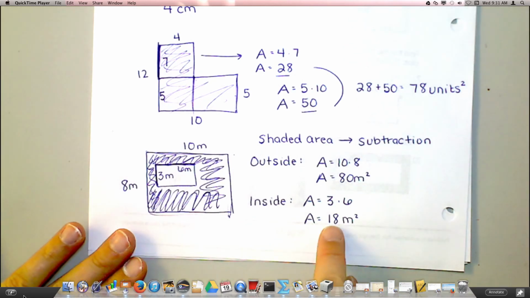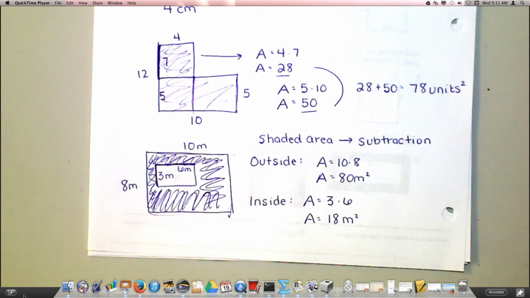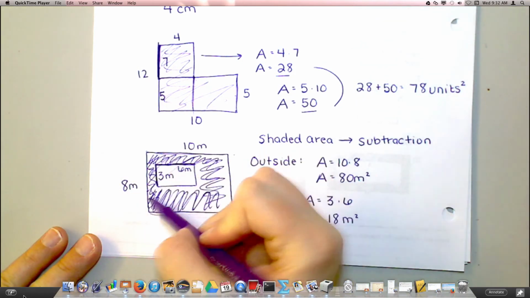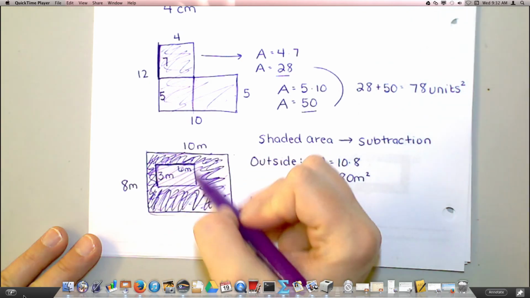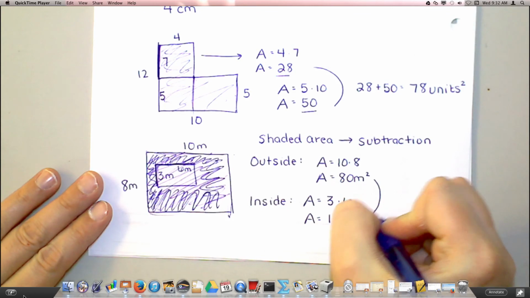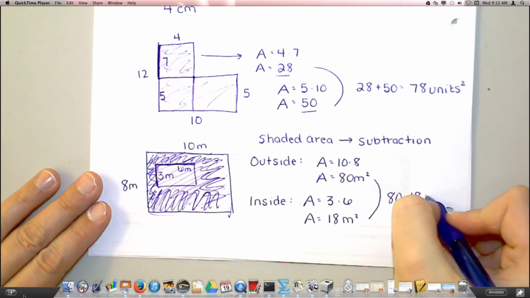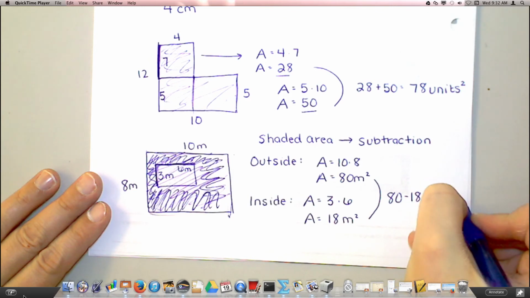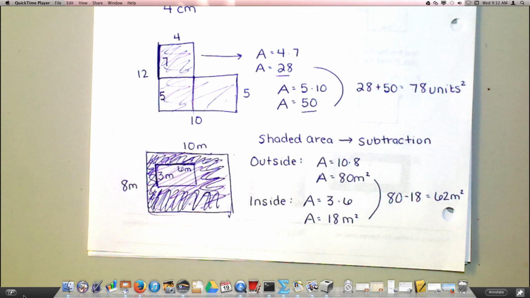This time, I want to take this area away from that. This 80 means that this entire thing would have an area of 80. But I want to cut this piece out of the middle of it. That's why I'm subtracting. So I would take these and subtract 80 minus 18 and get 62. Did I subtract that right? 70, 62. 62 square meters is my final answer.